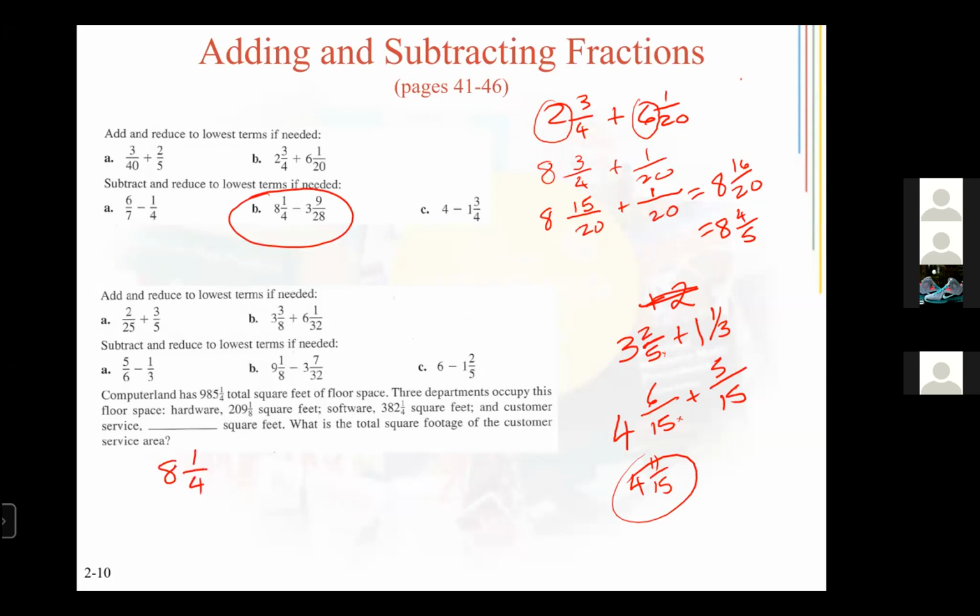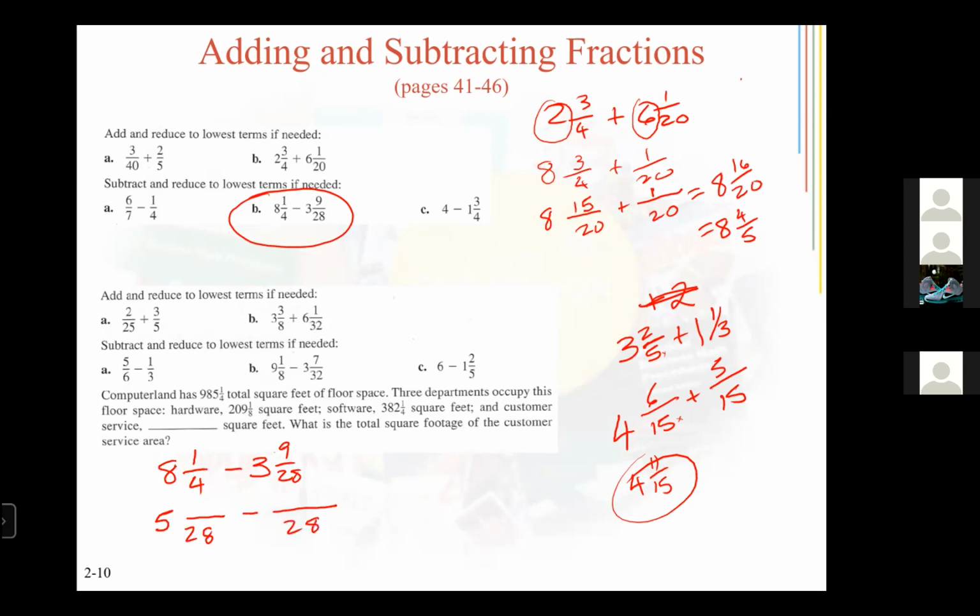If we subtract the whole numbers first, what do we get? 5. Okay, so that's 5. And then we now need to find a common denominator for both of those. 28. Okay, 28 is correct.